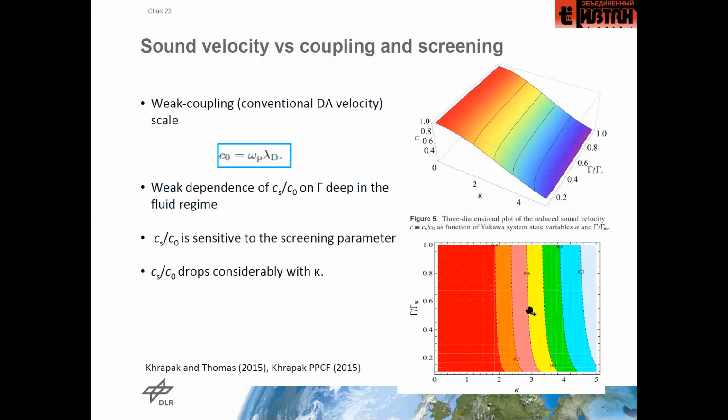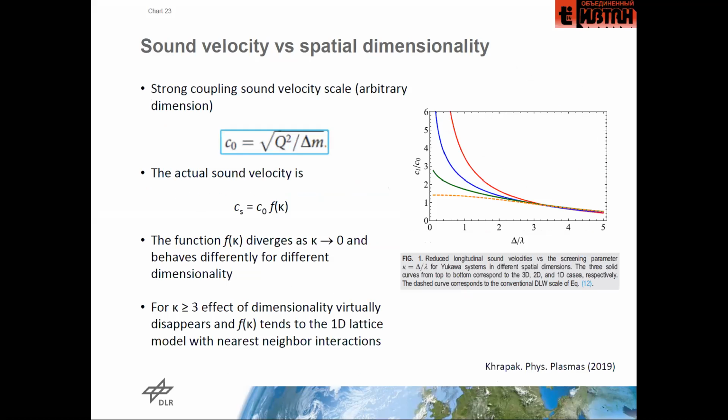So strong coupling reduces the sound velocity, and the effect is particularly pronounced for large kappa, so for large screening parameters. And then the last point is the sound velocity versus spatial dimensionality.